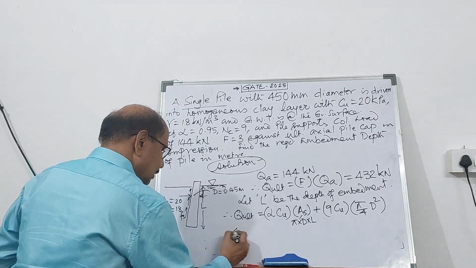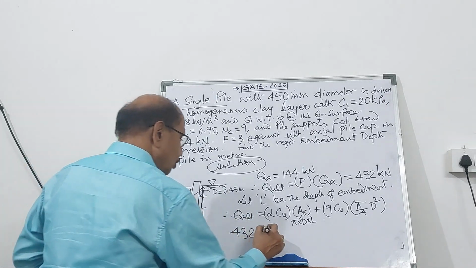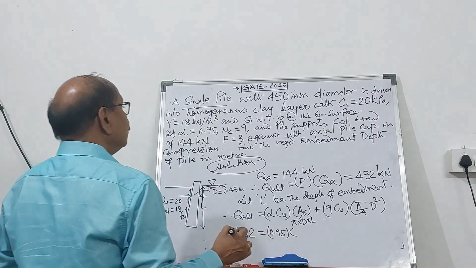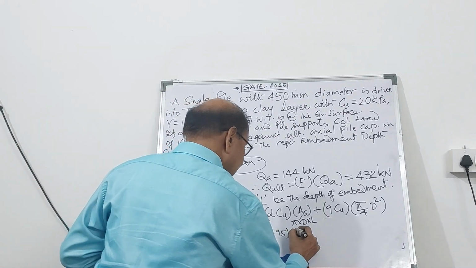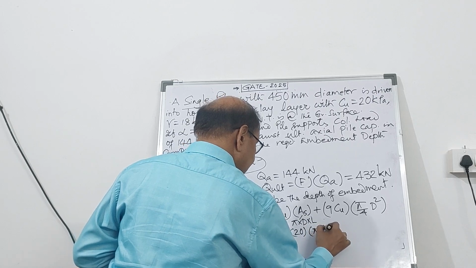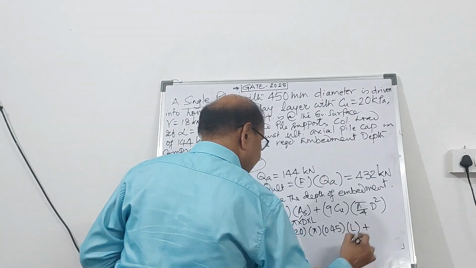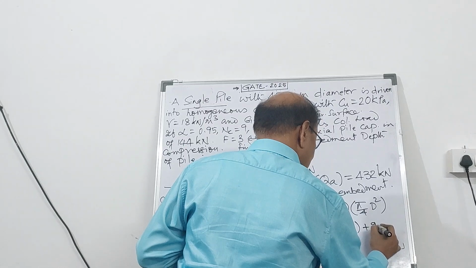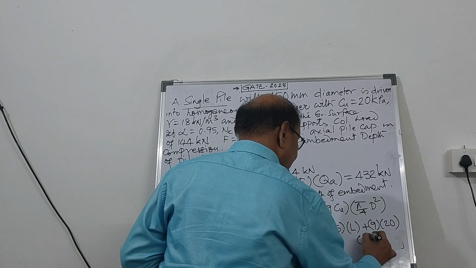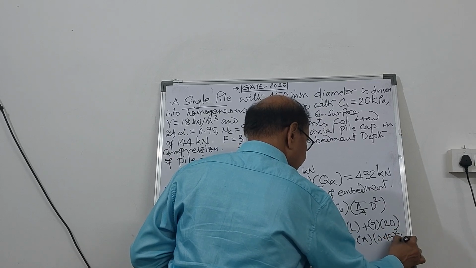Now Q ultimate is 432 and the value of alpha is 0.95. The value of Cu is given in the problem as 20, and pi times diameter 0.45 meter into length, that is the depth of embedment, plus 9 into 20 into pi into d square divided by 4.